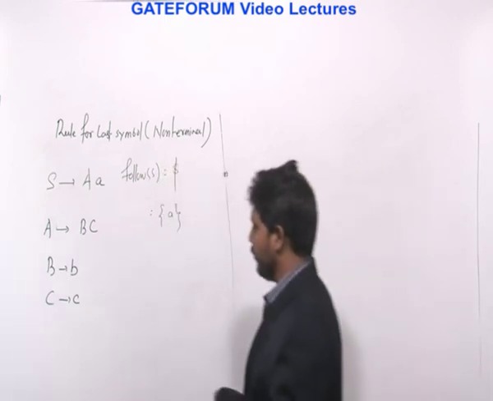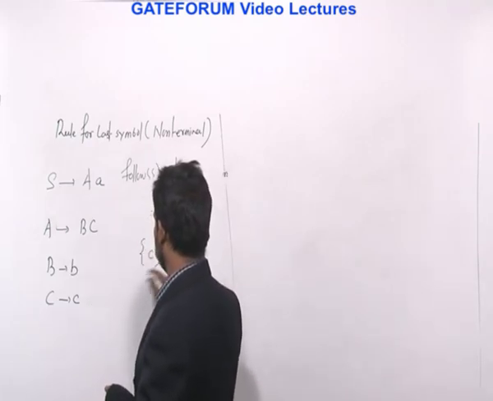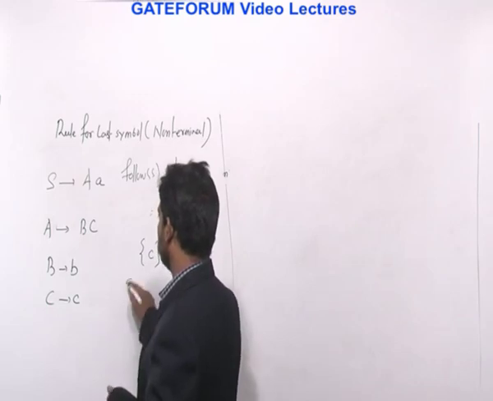What is follow of B? The follow of B is first of C. So first of C is what? Small c. Now the thing is, what is follow of C?